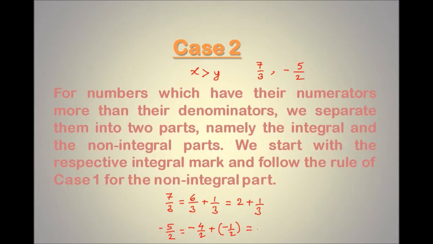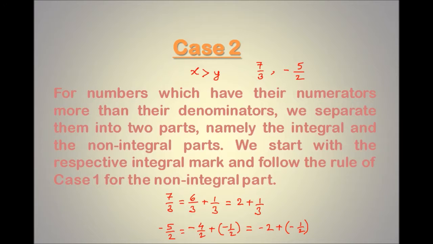It is nothing but minus 2. So we are having minus 2 plus minus half. This way we separate the two parts. One will be the integral part and the second will be the non-integral part.